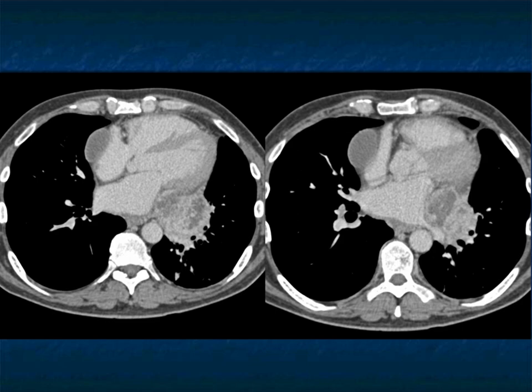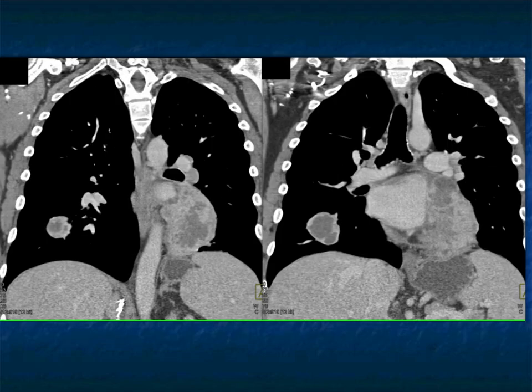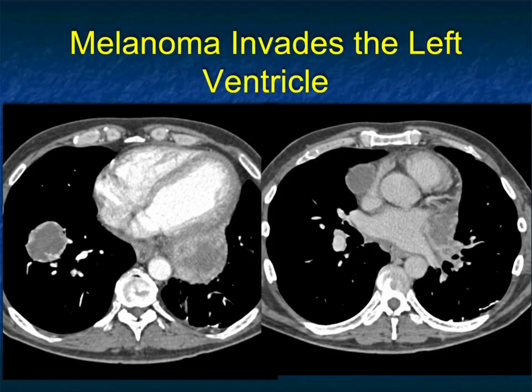You at least see them going on the left atrium and left ventricle, as well as on the right atrium. I mentioned before, you think about multiple chambers, you think about lymphoma, but you typically think about metastatic disease. Here it is very nicely shown again, lung, hilum, extension into the heart, right and left chambers.